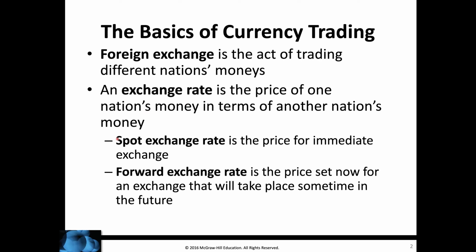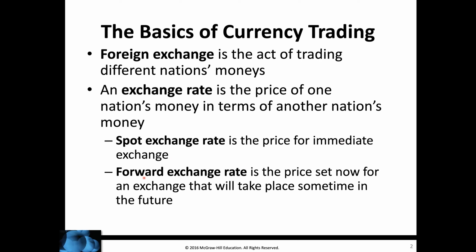Now, there are two different types of exchange rates that you'll usually hear quoted. One is the spot exchange rate. The spot exchange rate is the price for an immediate exchange. So today, right now, what is the price? That's the spot exchange rate. On the other hand, sometimes we need to know what is a price that we're expecting at some future date.